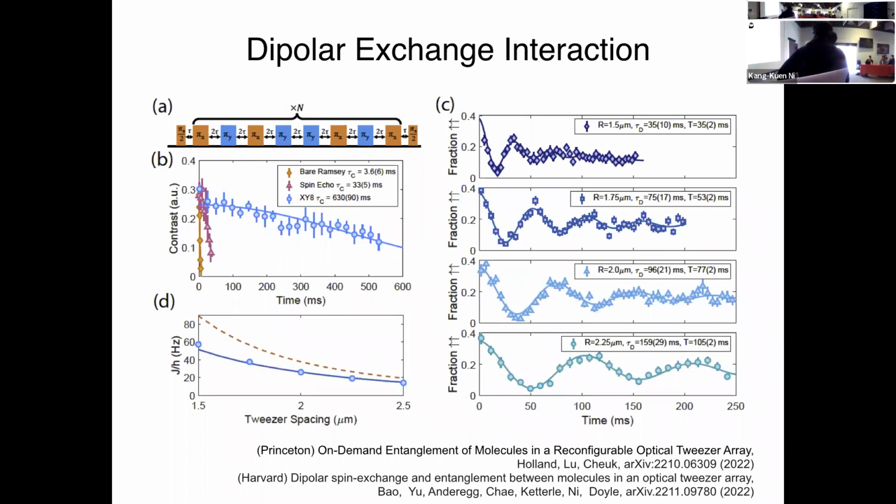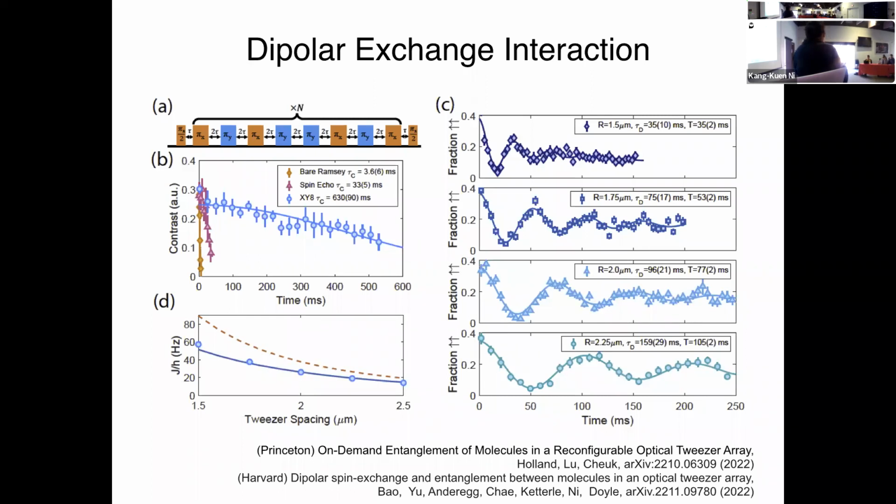Okay, so as a function of separation, we see these coherent oscillations due to dipole interaction, which is actually quite amazing in the sense that these molecules are not as cold. And initially we didn't think we would see it, because there's thermal motion and the dipole interaction is very sensitive to the separation of the molecules.